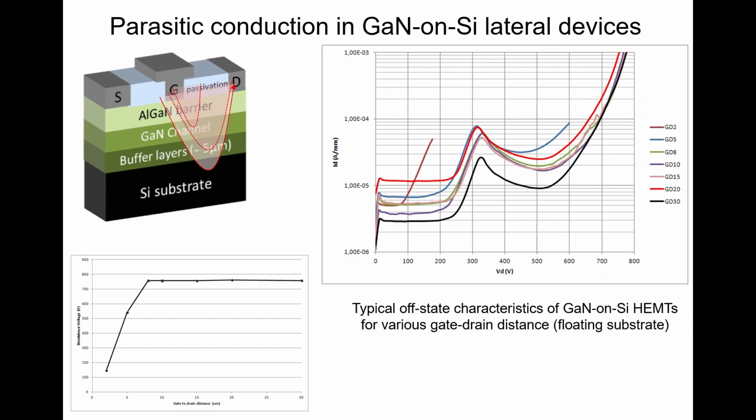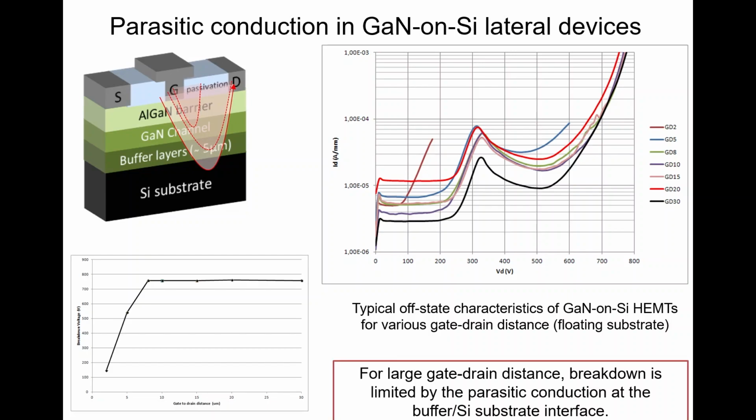Again, this is an old bad example. Don't be afraid. It's just to give you the flavor of what happens on silicon. So you understood that the limitation is the silicon itself. And if the gallium nitride growth is good enough, that's the only limitation of breakdown. And of course, if the gate drain is large enough, let's say 10 to 15 micron, for example.